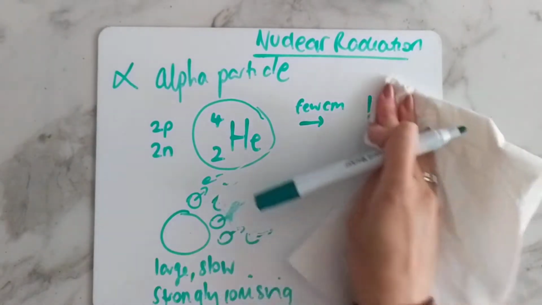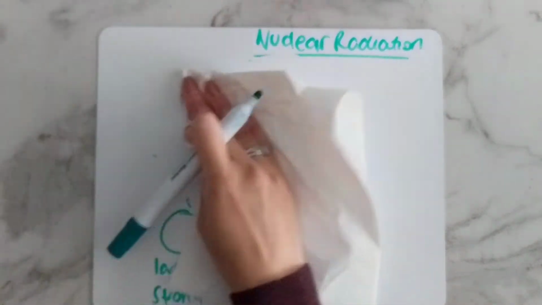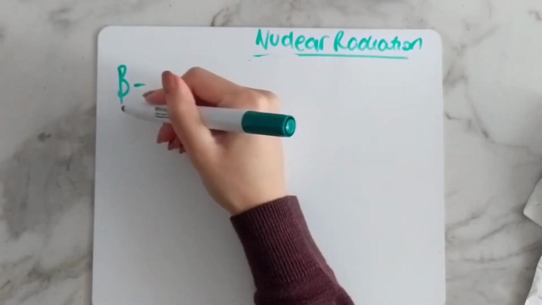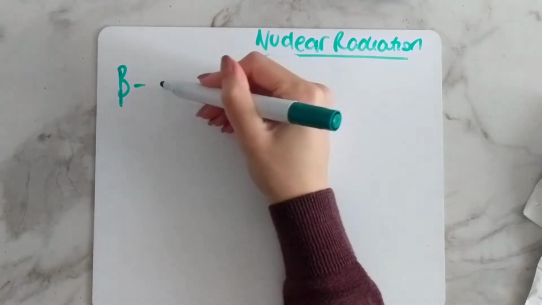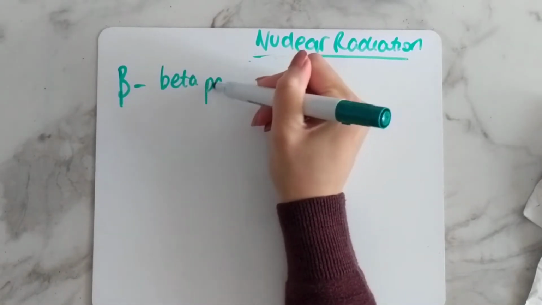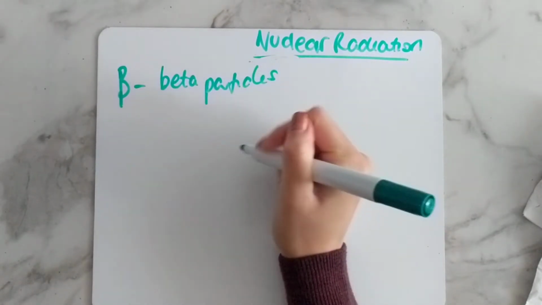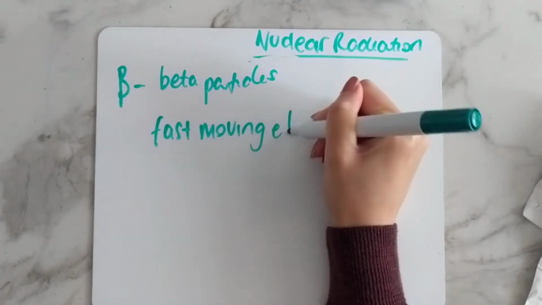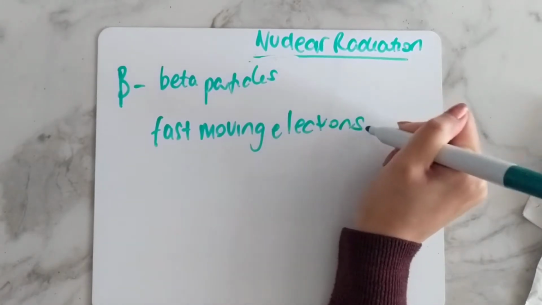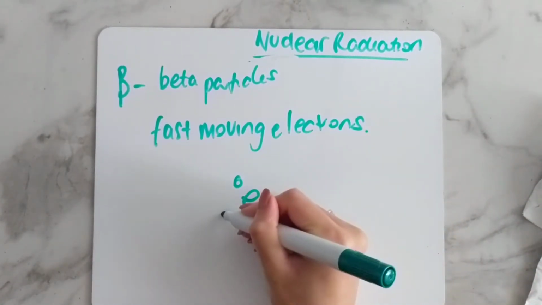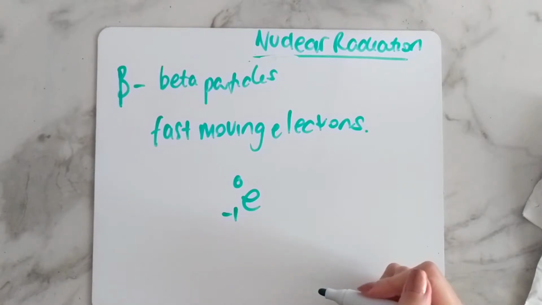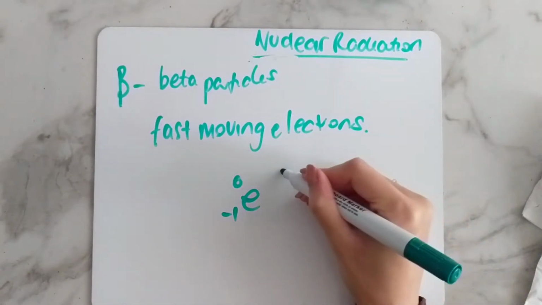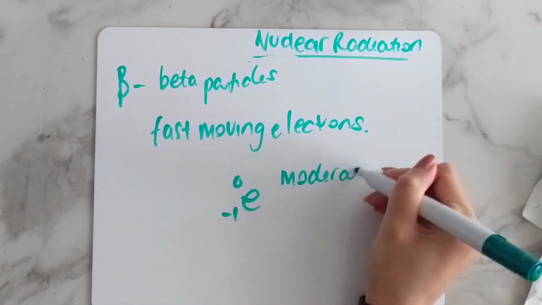Beta particles then, so this is the second one, beta, and this is the symbol for beta. It's like a little capital B with a stick on the end. So beta particles are just fast moving electrons. So they have no mass and a -1 charge. Because they're fast moving, they're moderately ionizing.